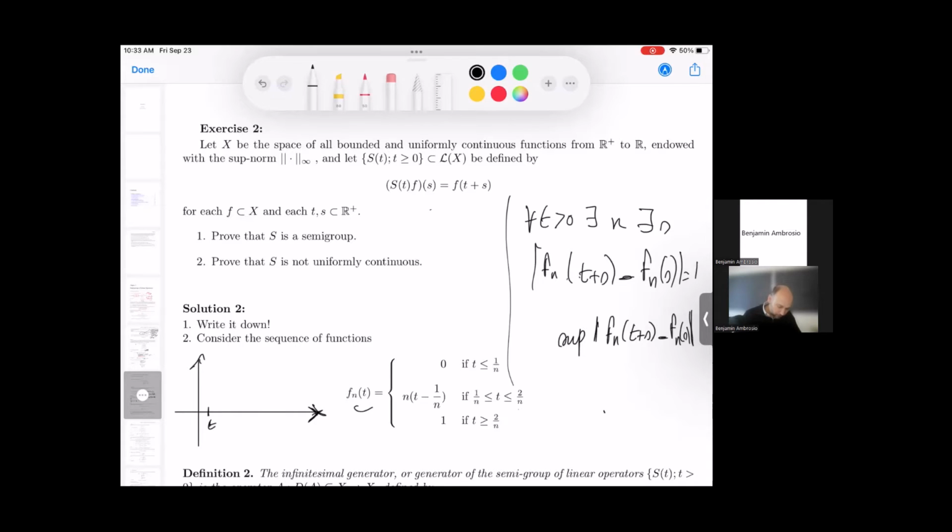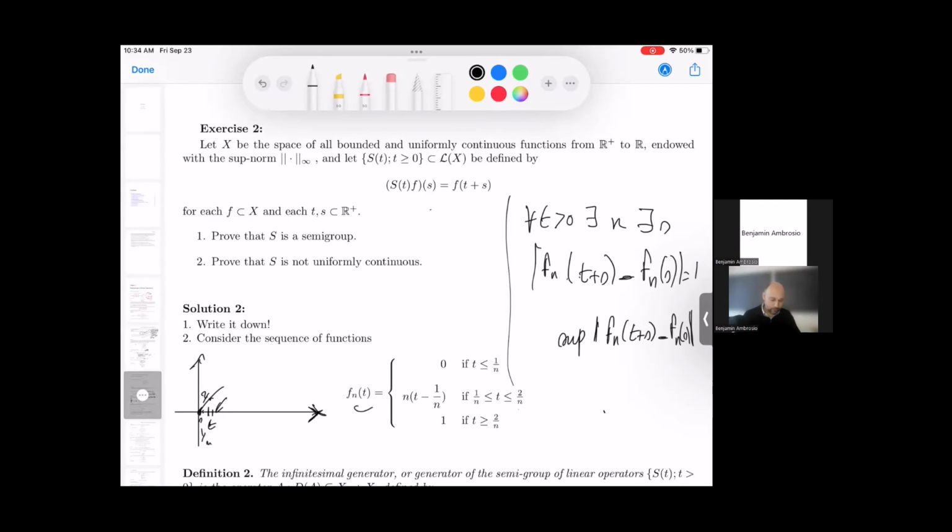And so if 1 over n and 2 divided by n are small enough, then if you take s less than 1 over n, you have s here, and you have s plus t here, and the difference between the two is 1.